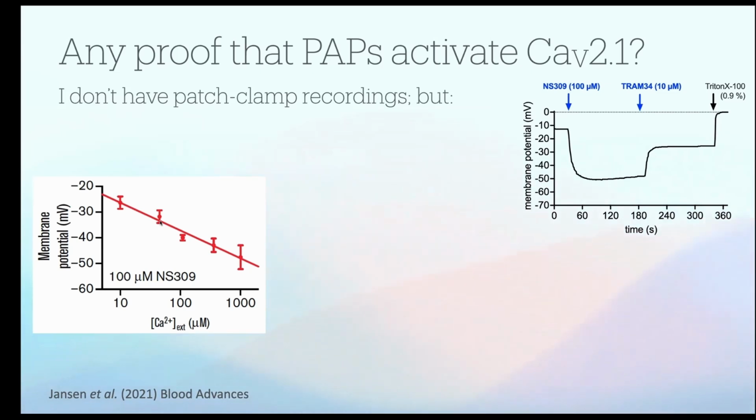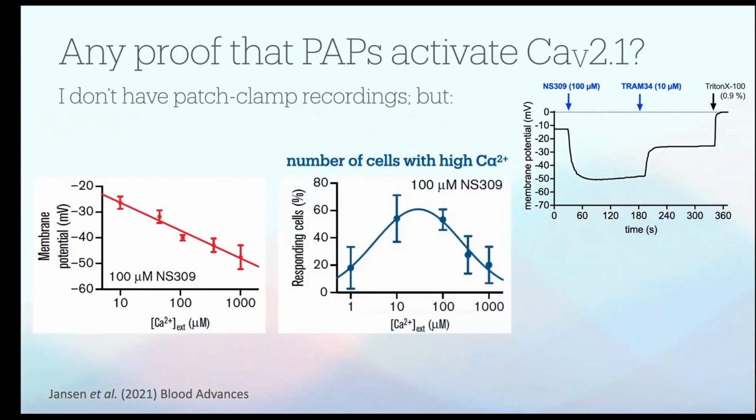So if we have these polarizations and possibly depolarizations, we would also expect an increase of the calcium in the red blood cells. And as I mentioned before, the calcium is this integrating parameter. So let's have a look at what the calcium does.